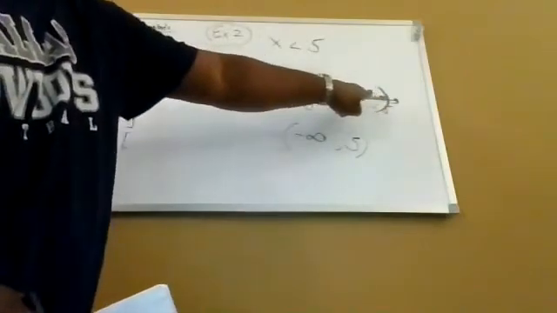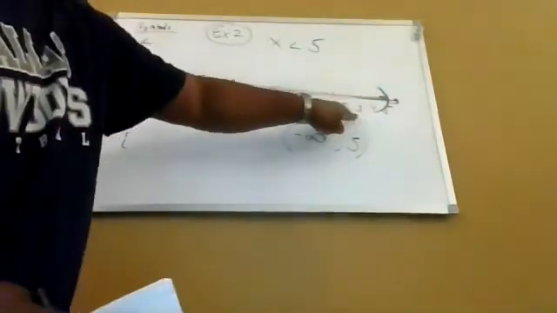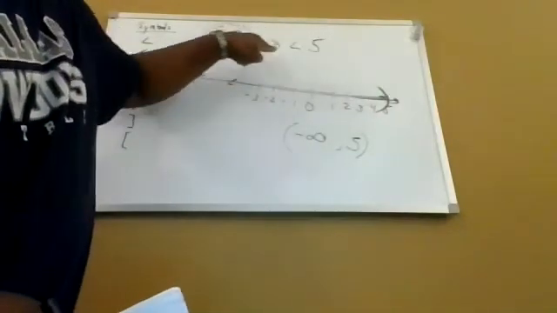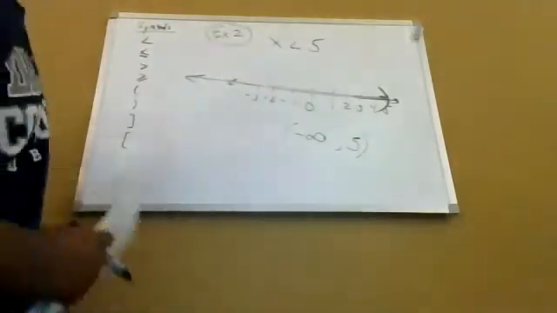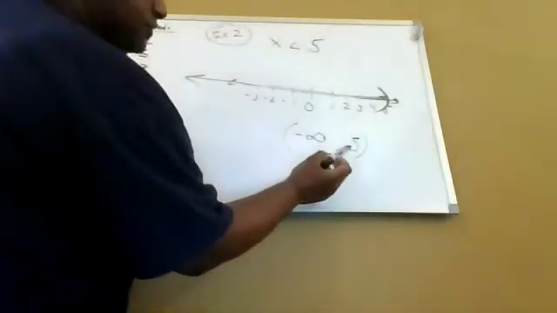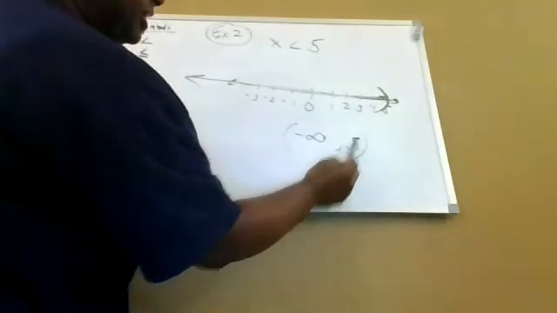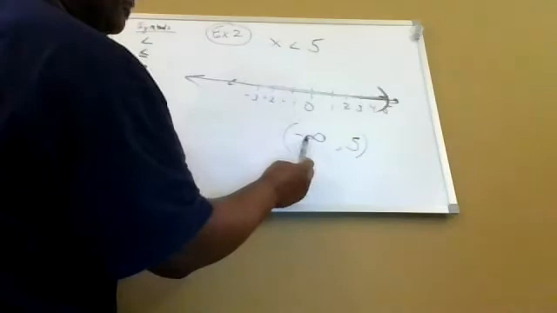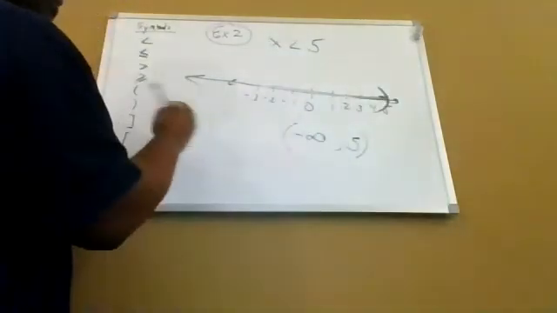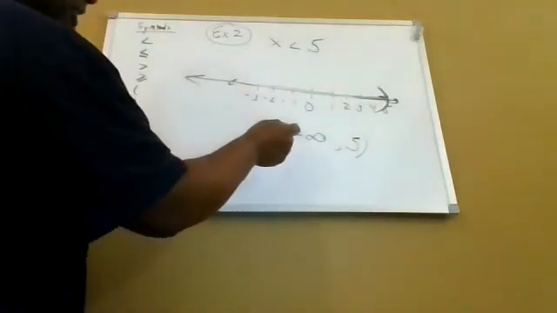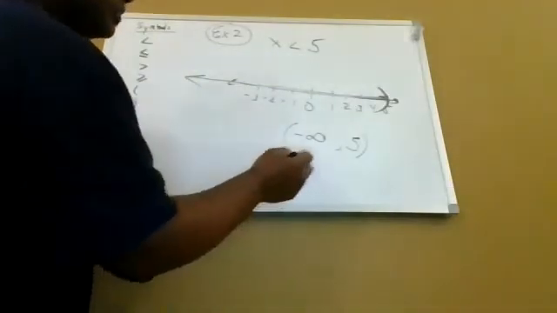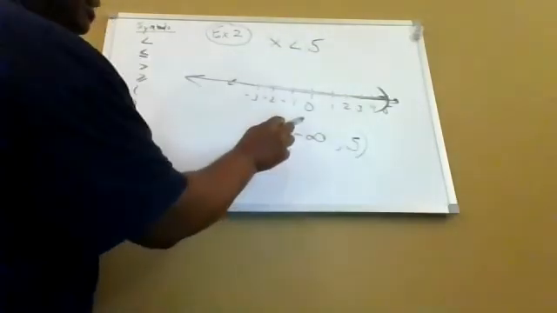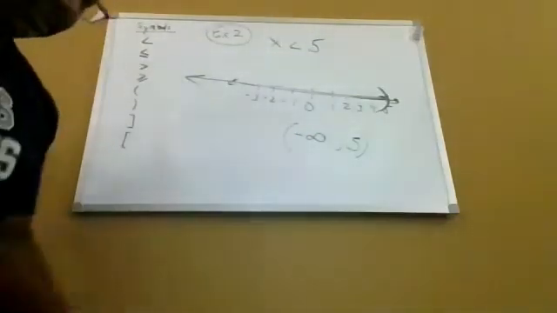And then we draw our arrow to the left to represent all the values for x that, when I substitute them here, make this statement true. And lastly, in interval notation, we put 5, that's what we started with, and then comma, and I put -infinity because that's where this interval ends. And since I used a parenthesis at 5, I put a parenthesis here, and for -infinity, I put a parenthesis.